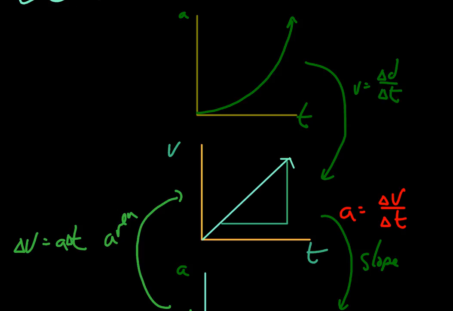And I'm using improper nomenclature here. It should be S. Okay, so slope goes there, and area goes there. So this is how these are all related.